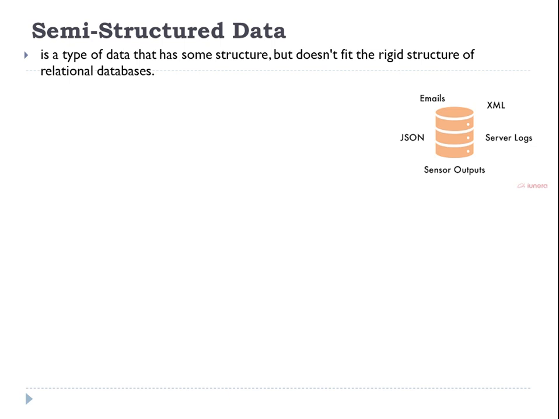So it's kind of between structured data and unstructured data. It does have some internal organization, but doesn't have rigid formats or rigid structures like structured data. So it's basically trying to give a balance between structured and unstructured data.